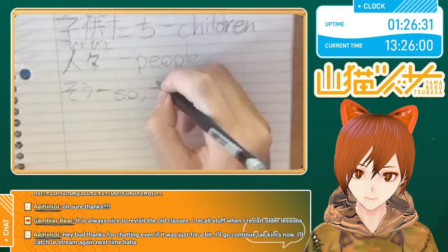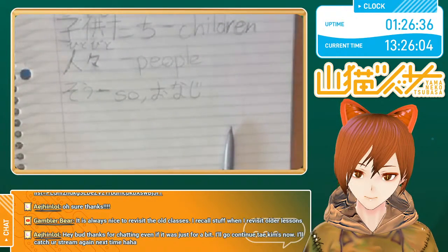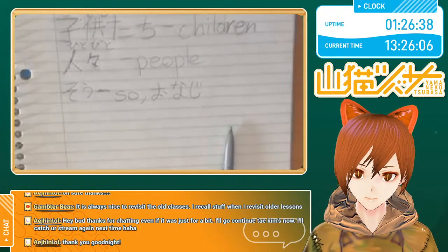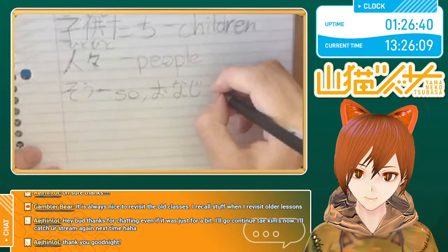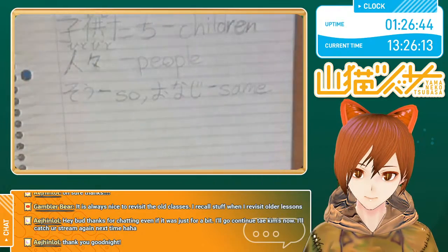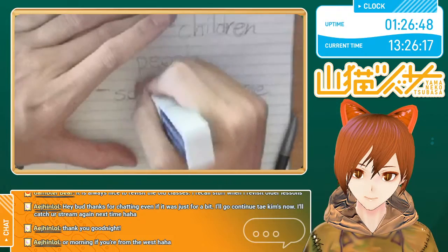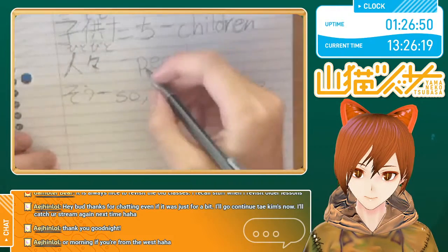So, I wonder if this one has a kanji. Onaji. This means same. It does have a kanji, so let's update this. Because this kanji is super simple.